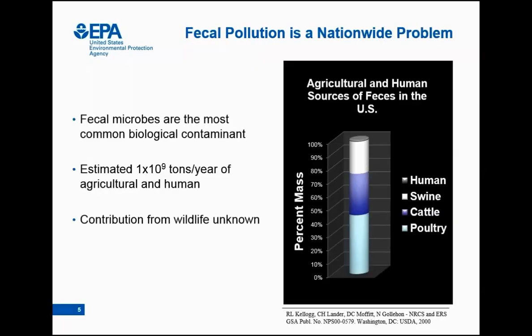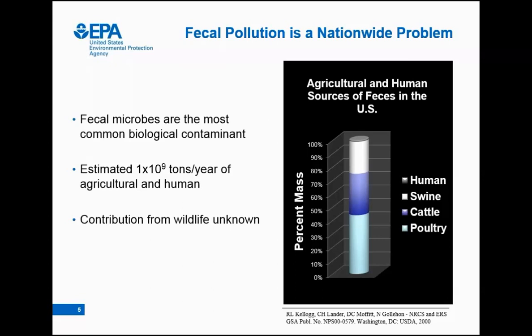So fecal pollution is a nationwide problem. There are several organizations, including the EPA, that have shown that fecal microbes are the most common biological contaminant in surface waters. There's been studies done on estimating the amount of fecal material produced on a yearly basis, and one of these estimates done by the USDA estimates over 1 billion tons of fecal waste are produced just from poultry, cattle, swine, and human.